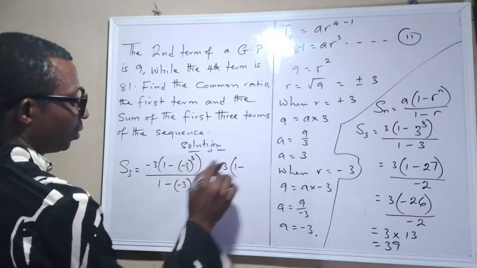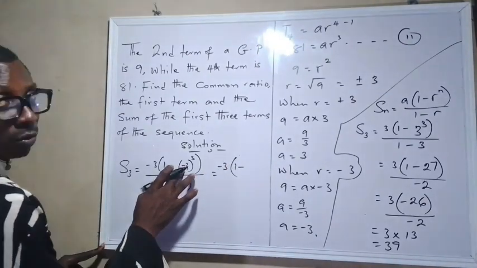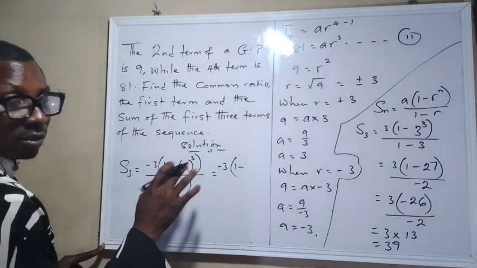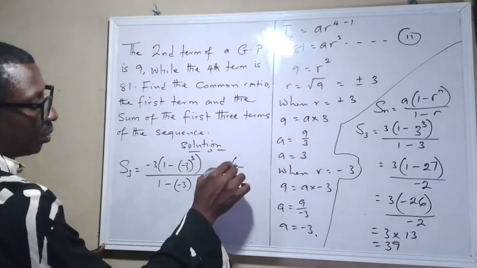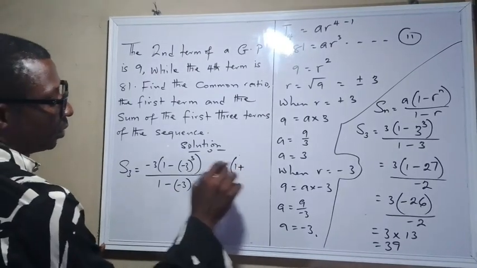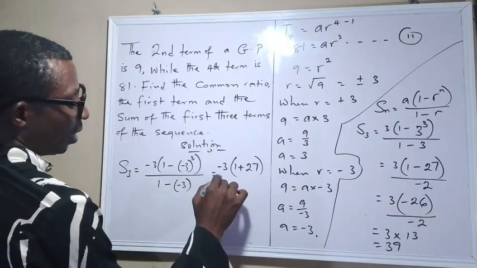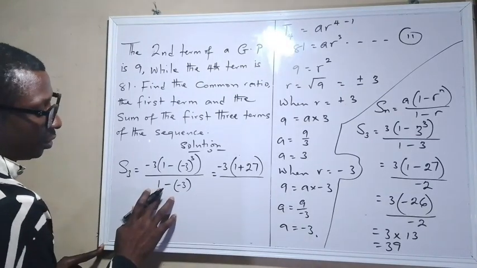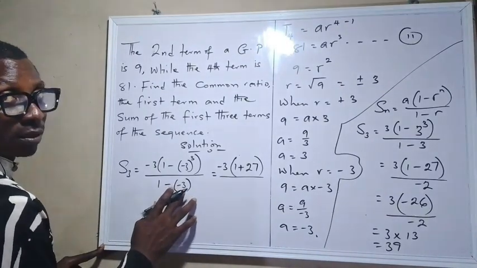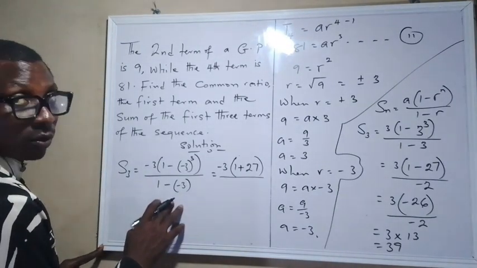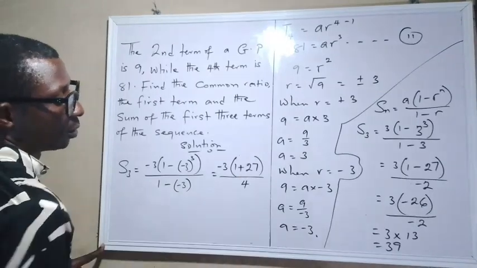Minus times minus times minus is minus, so this will turn to plus, so we have 1 plus 27, that's 28. Everything over 1 minus minus 3, that's 1 plus 3, which will be 4.